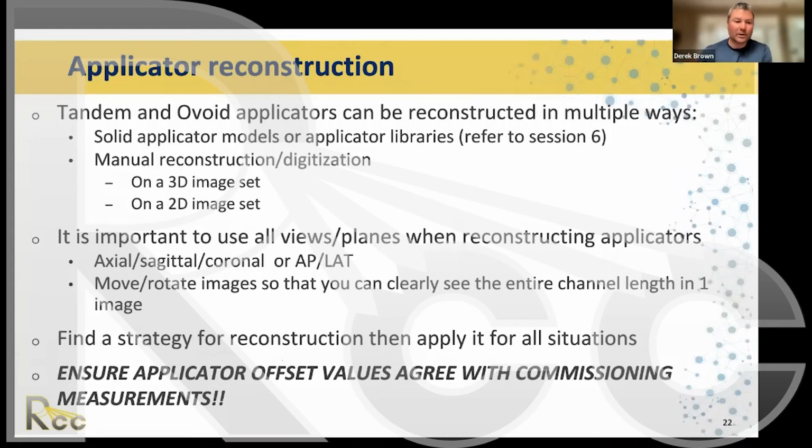And the only way to do it correctly and efficiently is to find a strategy that works for you, and then practice that strategy, practice that strategy, practice that strategy until you can do it super quickly and super accurately. That's the goal here. Because the longer you have between imaging and treatment, the more likely it is that your patient is going to have moved and you will mistreat.